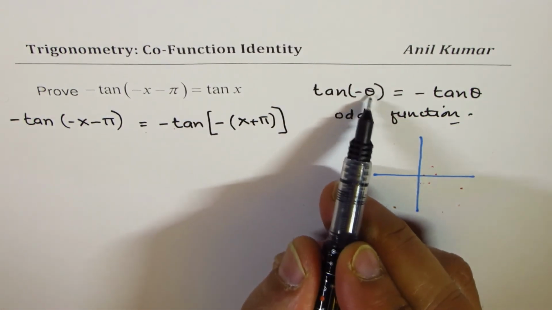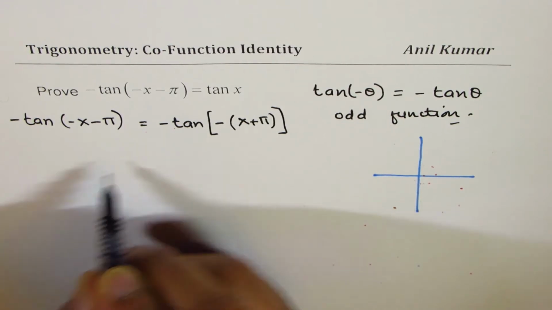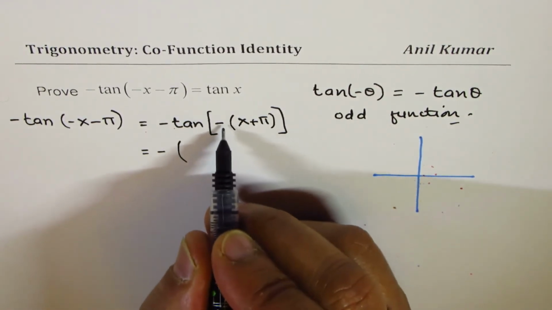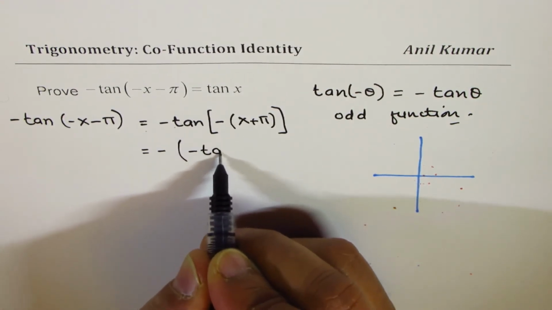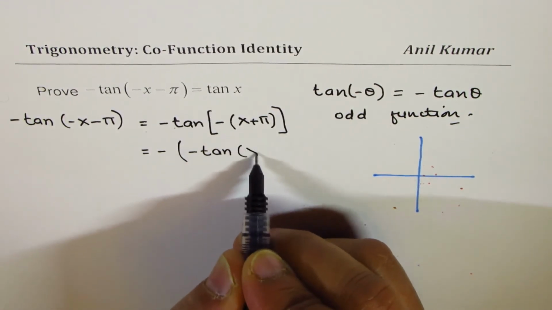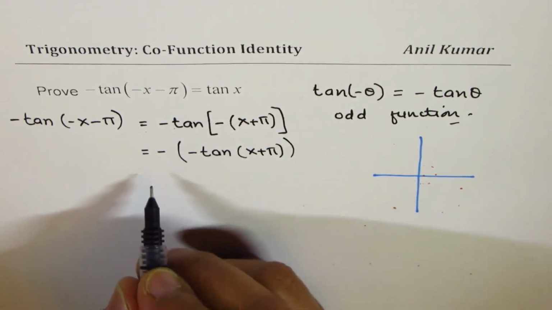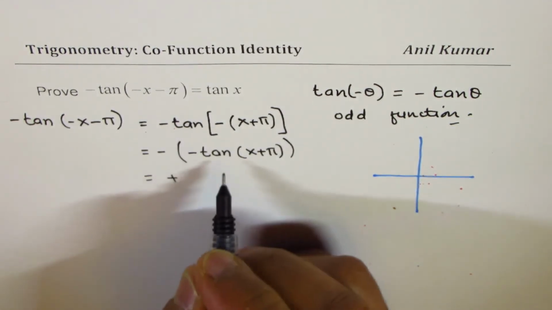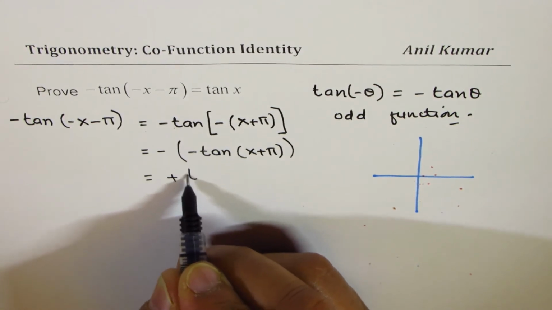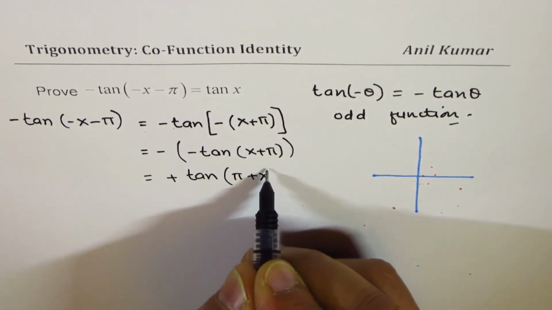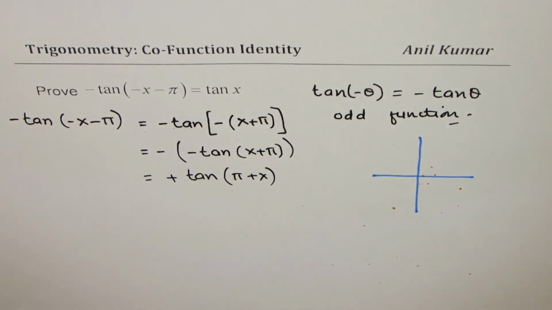Since tan of minus theta is minus tan theta, we could write this as minus of minus tan theta, where theta here is x + π. And minus minus becomes positive. So we're looking for positive tan. Let me write this as π + x, one and the same thing, right?